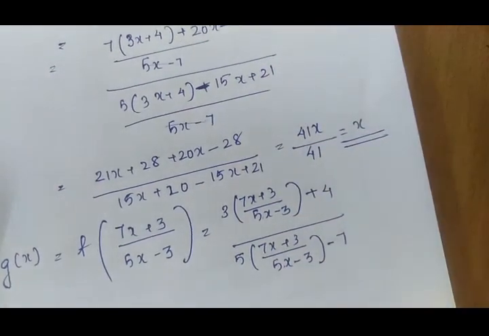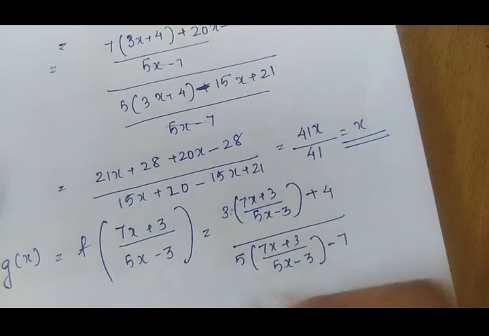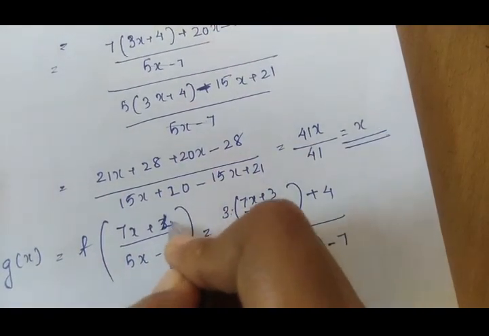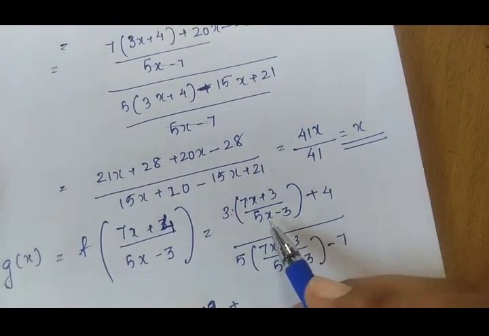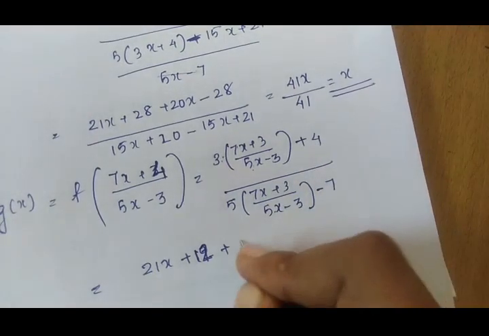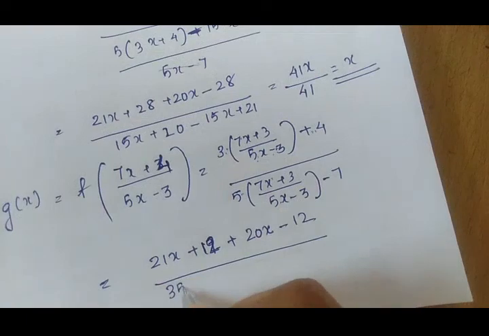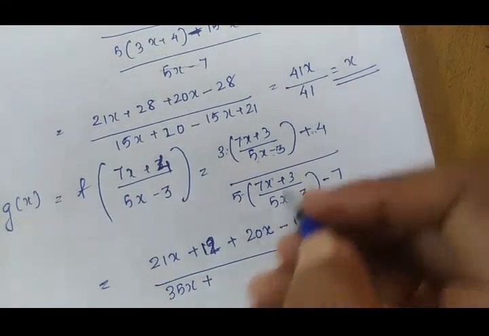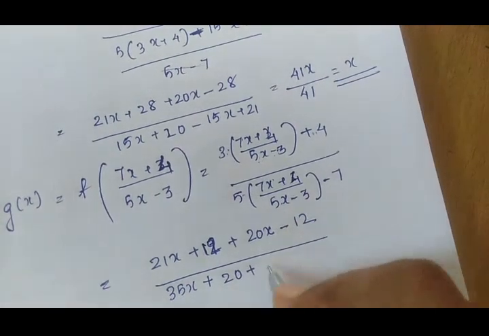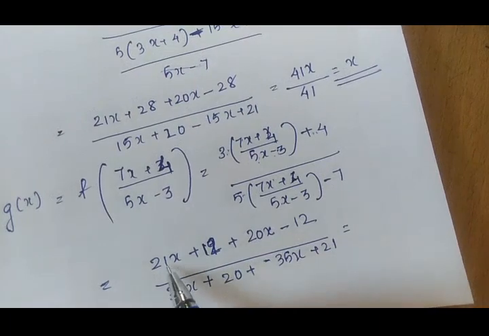In the previous case we discussed this. Similarly, it gets cancelled. Then 21x plus 9 plus 12 plus 7x plus 4 in the numerator, and 5x minus 3 gives 15, 20x minus 12, divided by 35x plus 20 minus 35x plus 21, which is equal to 41x.